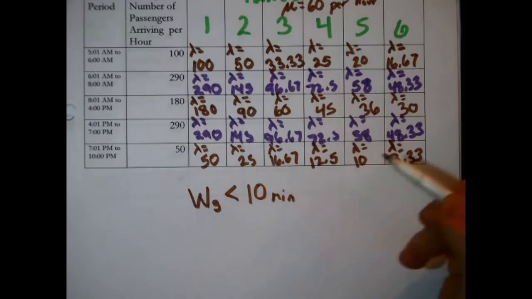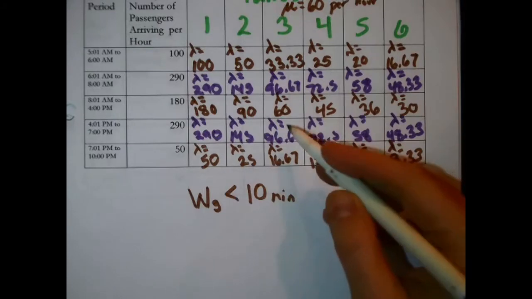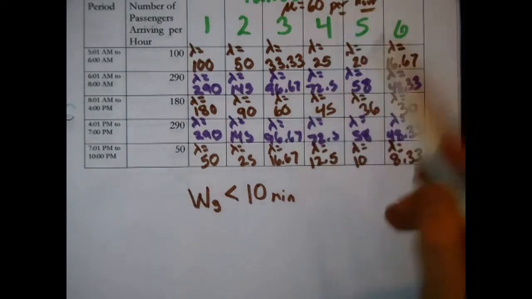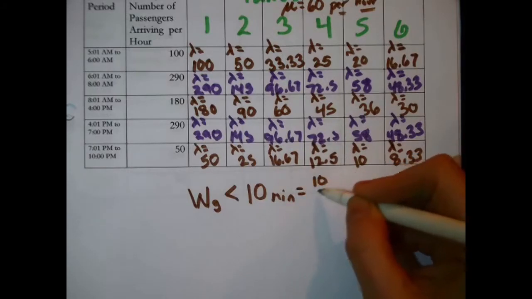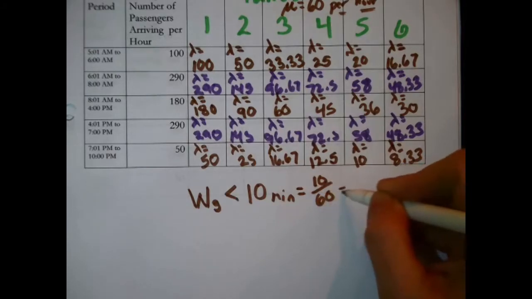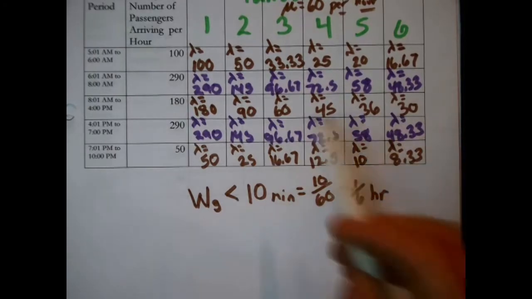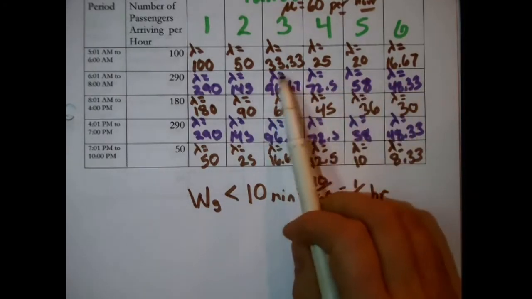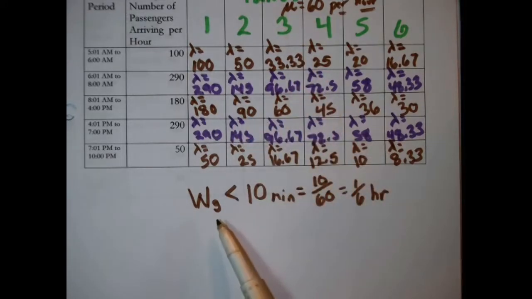Although one thing I need to remember is that in the M/M/1 formulas, if lambda and mu are in hours, and they are, the results come back in hours, so it might be a good time to translate 10 minutes into hours. 10 minutes is 1/6 of an hour. So I want to check, for a certain number of lanes, whether the overall delay is at most 1/6 of an hour.